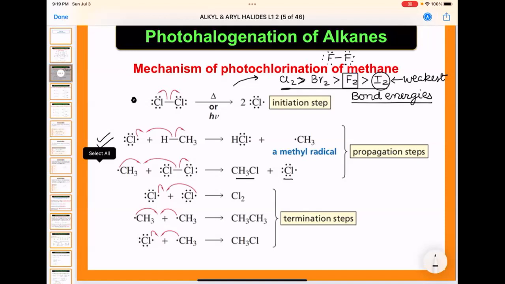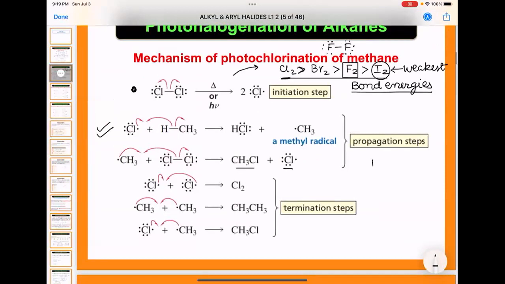But actually, the rate of photohalogenation is not like that. It is not the iodine, which is the weakest, that reacts most easily. It is fastest for F2, then Cl2, then Br2, and then iodination is going to be the slowest.